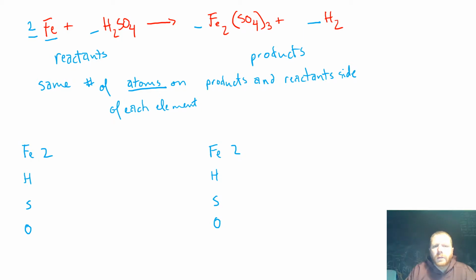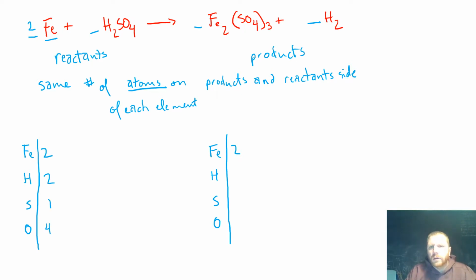What I like to do is always keep track of the steps that I'm taking. So I've added my first coefficient. What I want to do now is take stock of everything else that is in my products and my reactants. I have 2 hydrogen, 1 sulfur, and 4 oxygen.